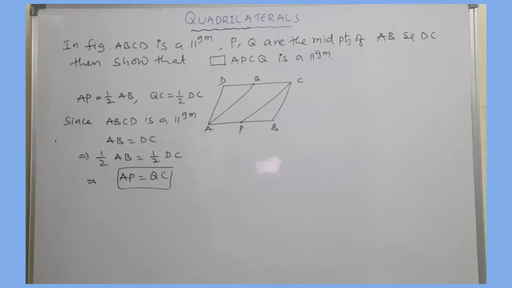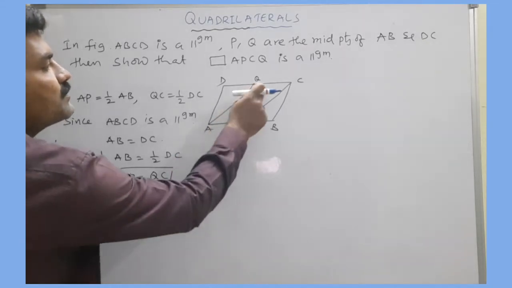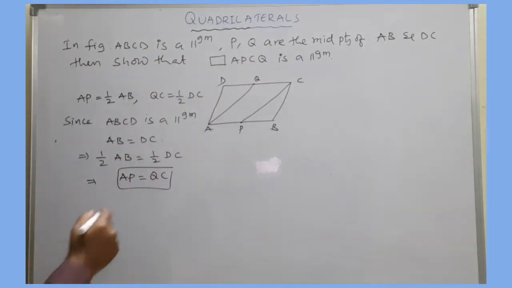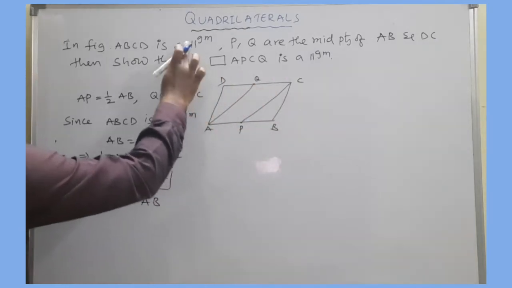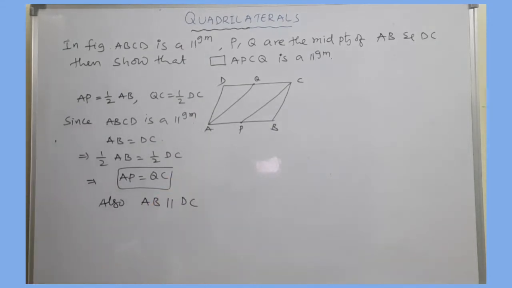Okay, but this is not sufficient. Only opposite sides being equal is not sufficient to prove that quadrilateral APCQ is a parallelogram. Now we need to prove that AP is parallel to QC. Along with opposite sides being equal, we also want to prove that opposite sides are parallel. Since the entire ABCD is a parallelogram, no doubt AB is parallel to DC. Opposite sides are parallel.